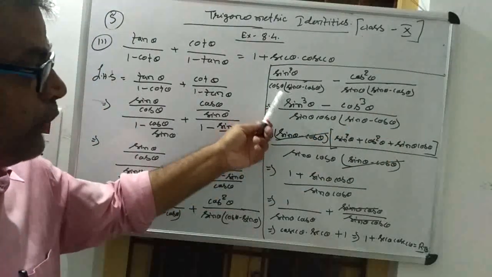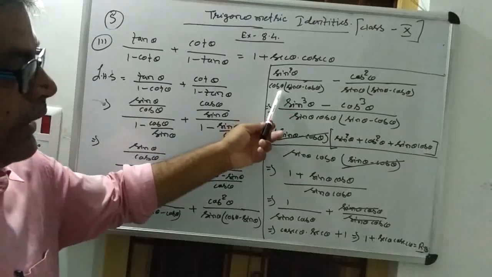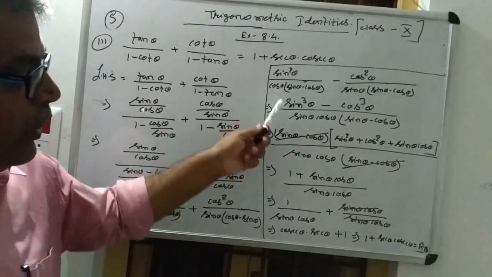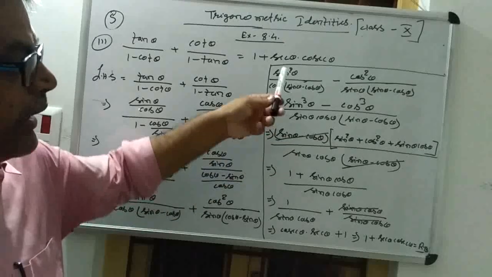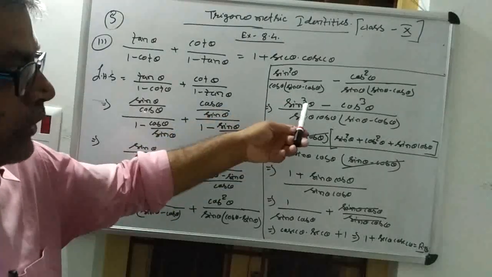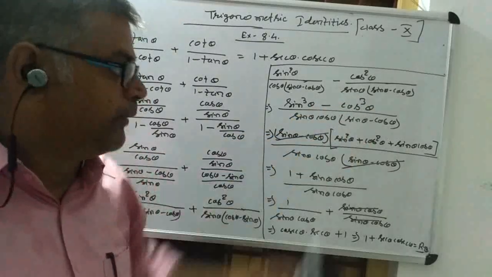Now again you simplify. When you divide the LCM by the denominator of the first part, that is cos theta into sin theta minus cos theta, we will be left with sin theta, and when we multiply in the numerator, sin square theta, we get sin cube theta, and similarly minus cos cube theta.